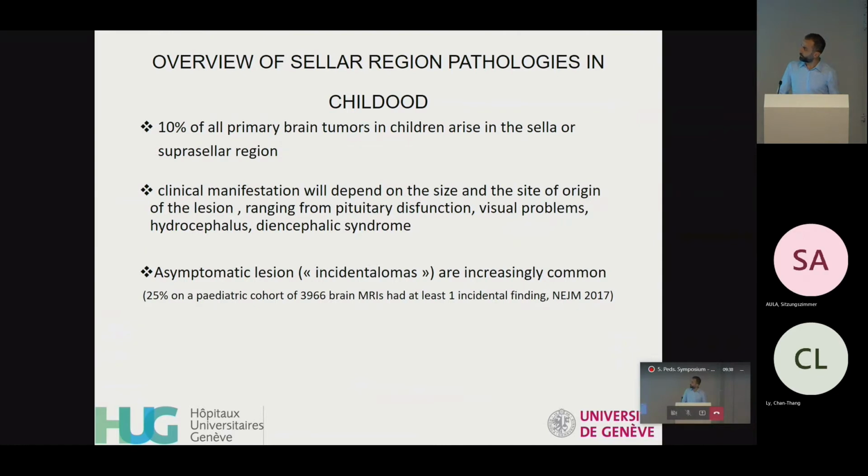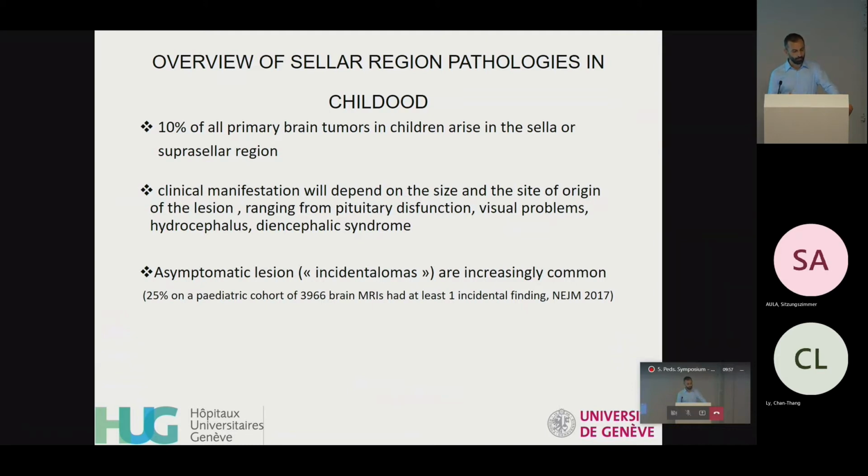of all the sellar region pathologies. They account for around 10% of all primary brain tumors in children. And the clinical manifestation is fairly usual because, of course, it's related more to the topography of the lesions.